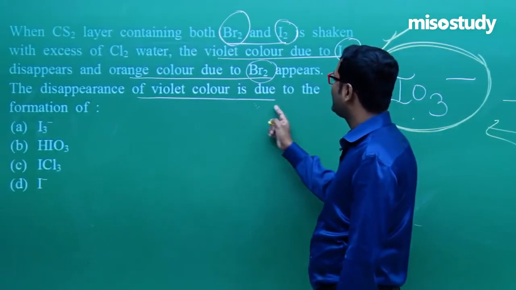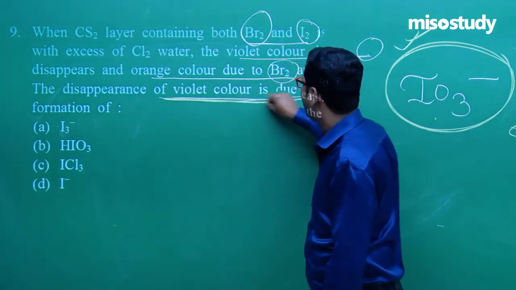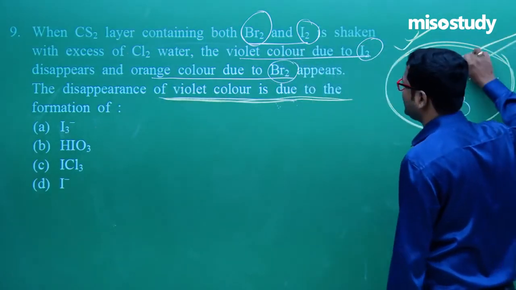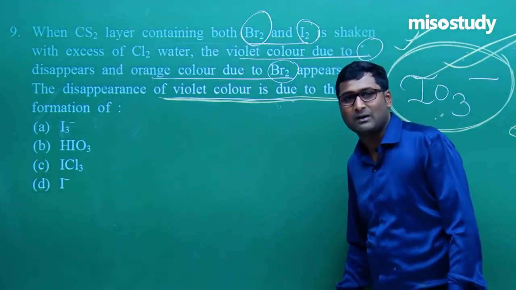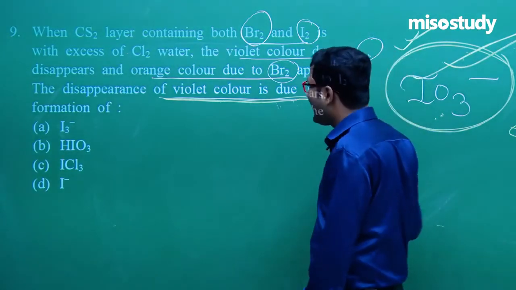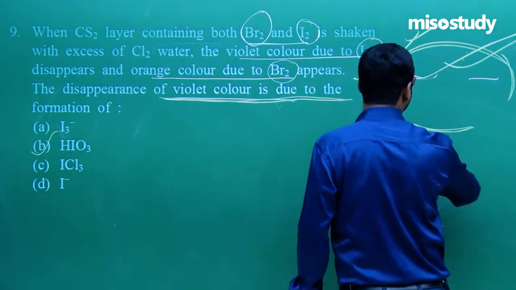So the violet color disappears due to the formation of IO3 minus, that is HIO3. B is the correct option.